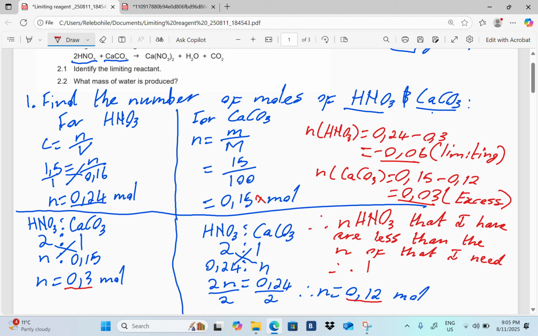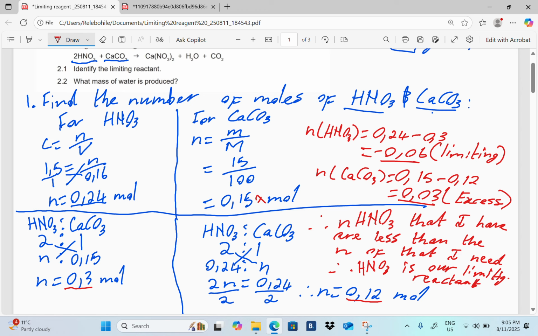Therefore, nitric acid is our limiting reagent, or reactant.